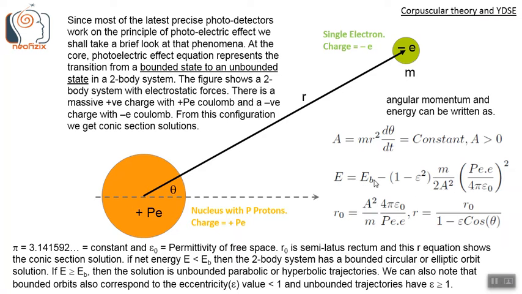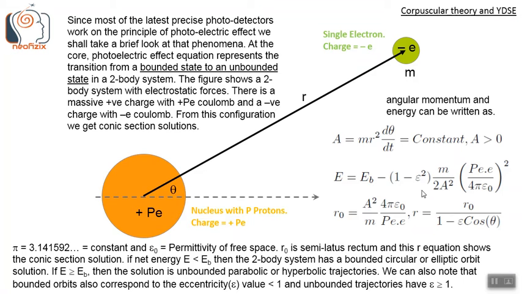The total energy of this system, that is the summation of the kinetic and the potential energy terms, can be written as this here. E is the total energy. E is equal to EB times (1 minus epsilon square), where EB is some constant called the binding energy, and epsilon is the eccentricity of the conic section solution.